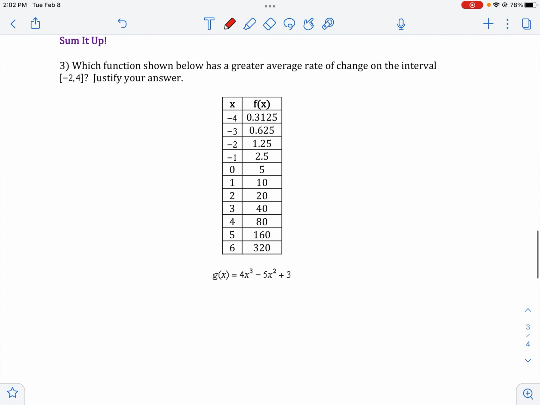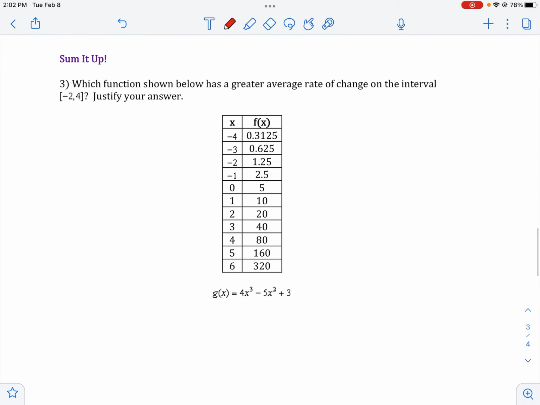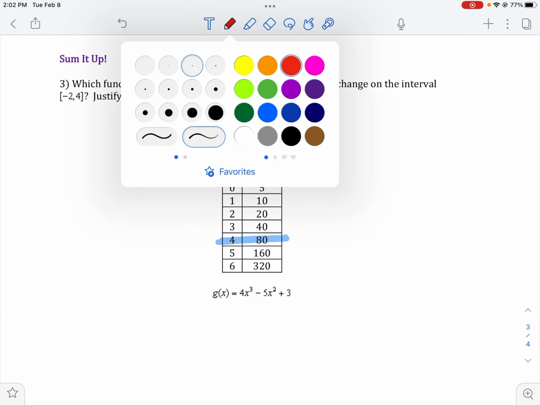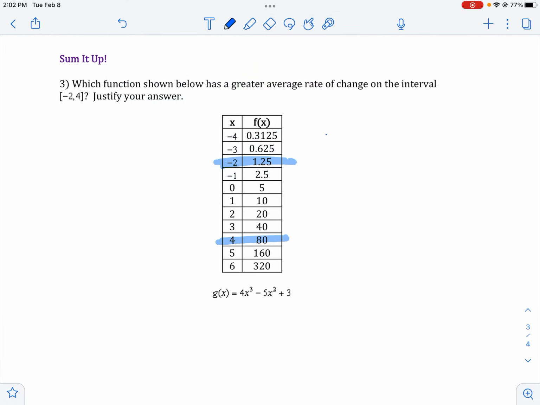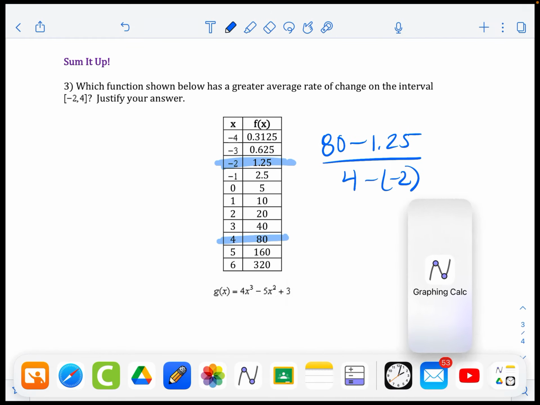Okay, one more I'm going to try to get through before Blake ruins it. Which function shown below has a greater rate of change on the interval -2 to 4? So f of x is shown by a table, so I'm going to use this point on the table and this point on the table. To get the average rate of change, 80 minus 1.25 divided by 4 minus -2.